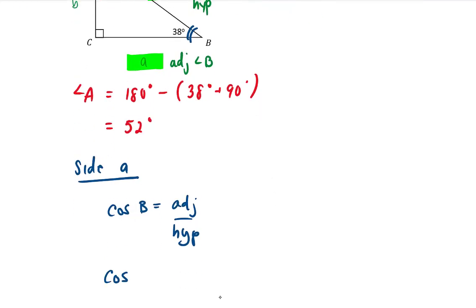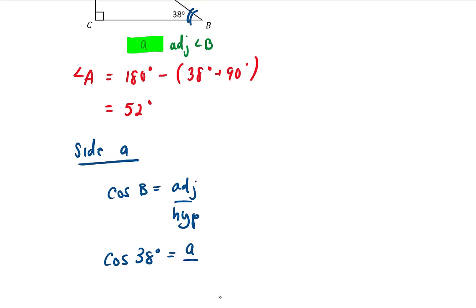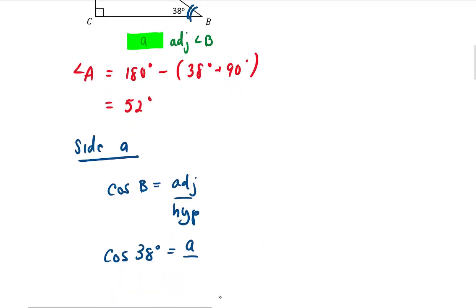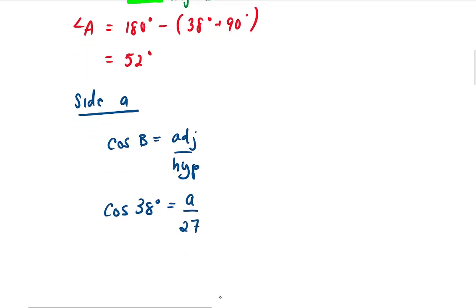And in this example, our angle is 38 degrees. Our adjacent side is unknown, so we're going to call it A. And our hypotenuse, which is given, is 27 centimeters. To solve for A, I'm going to have to multiply both sides by 27 to get A by itself. A divided by 27, the inverse operation is multiply by 27.